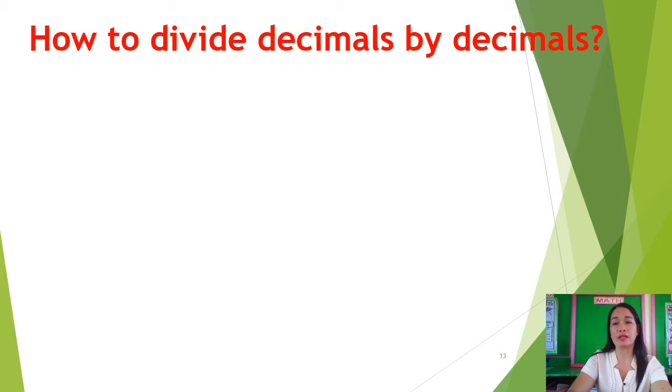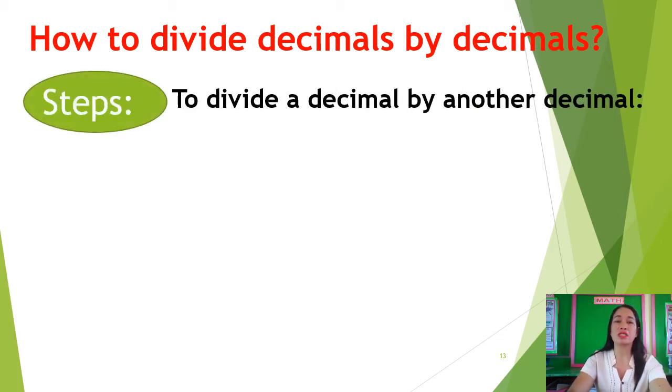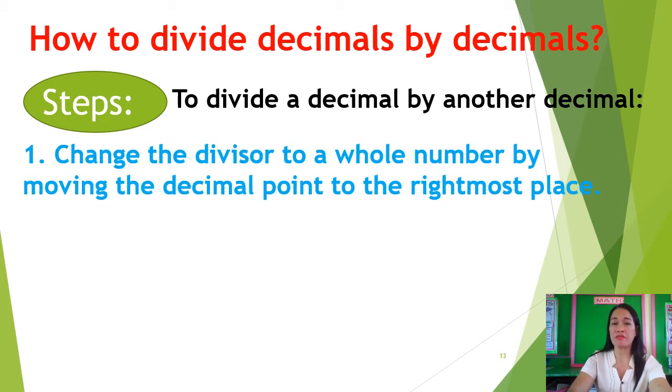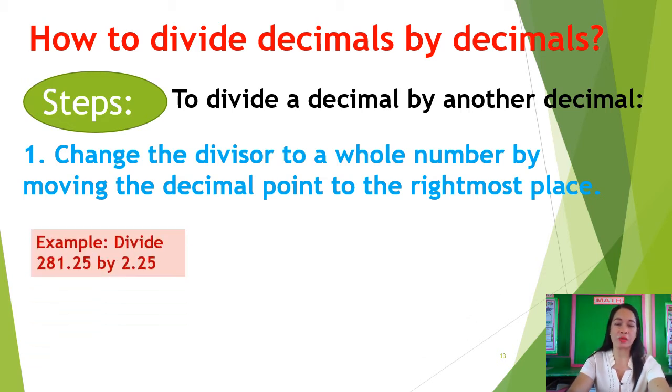Next, how to divide a decimal by another decimal. Steps: to divide a decimal by another decimal, change the divisor to a whole number by moving the decimal point to the rightmost place. Example, divide 281.25 by 2.25.